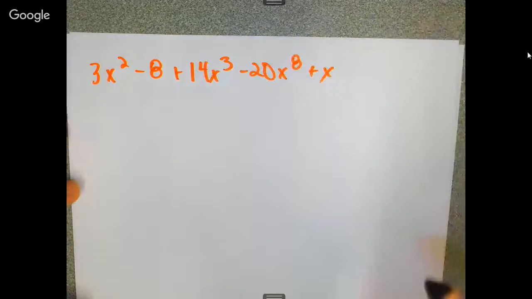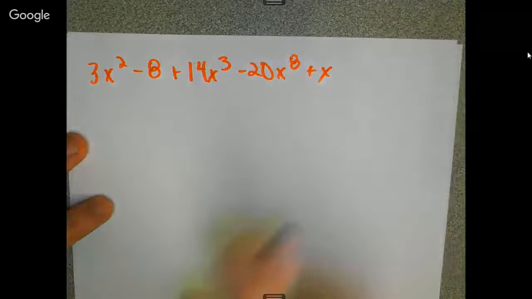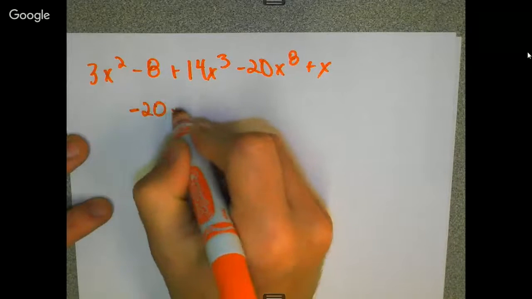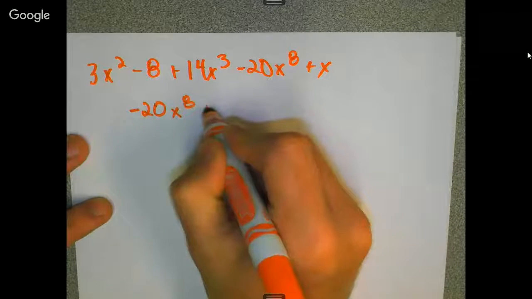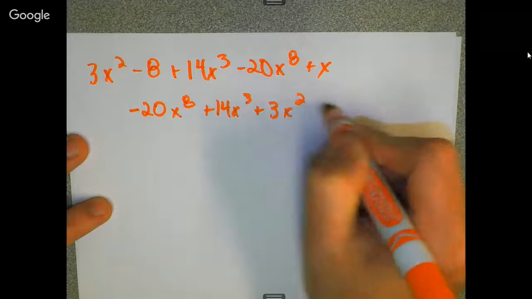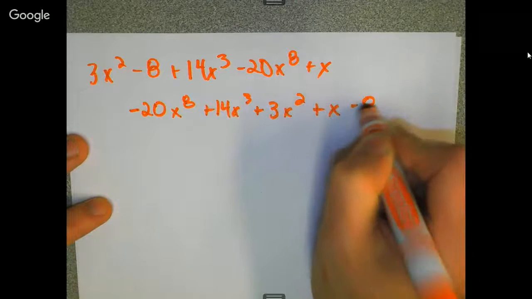So I first want to write it in standard form. That is highest exponent to lowest. So it's minus 20x to the 8th plus 14x to the third plus 3x squared plus x minus 8.